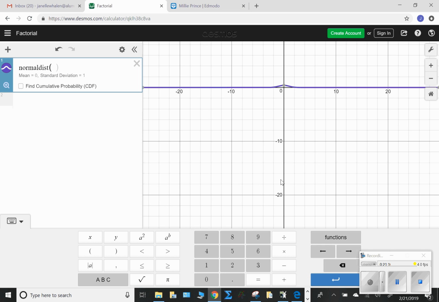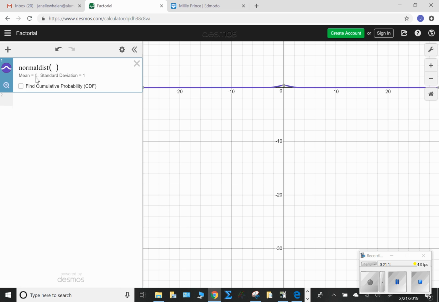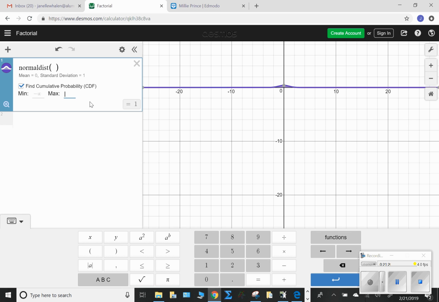The mean is 0, okay, and the standard deviation is 1. We want to find the cumulative probability. So now this one says negative infinity to infinity. So up here I want the max to be 2.1.